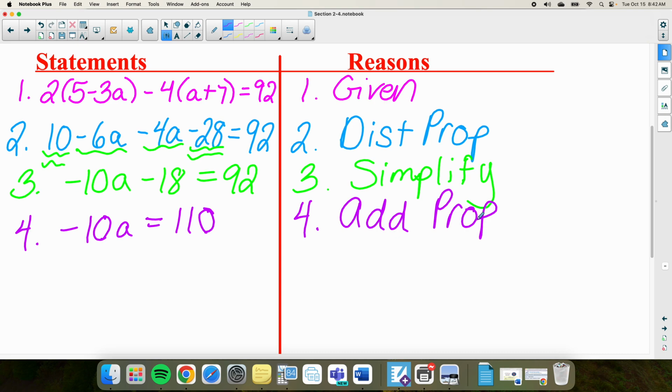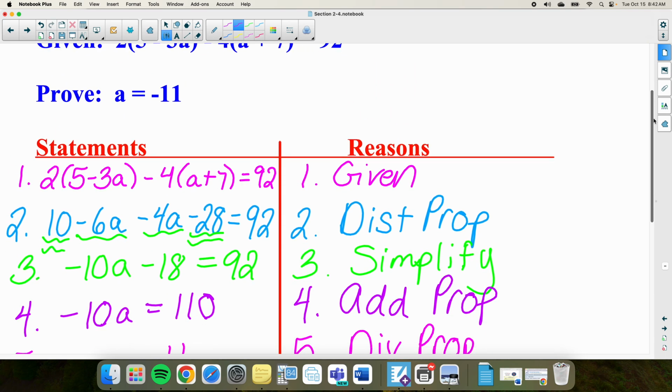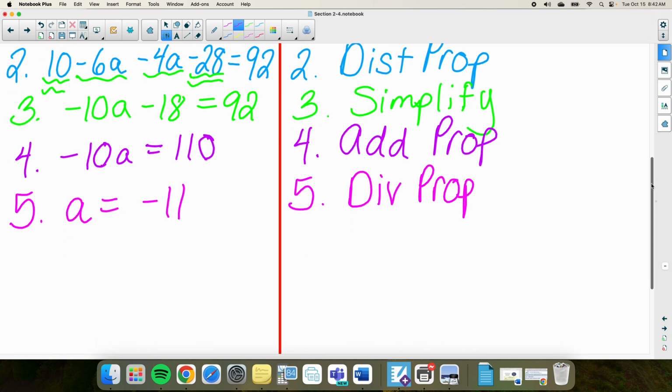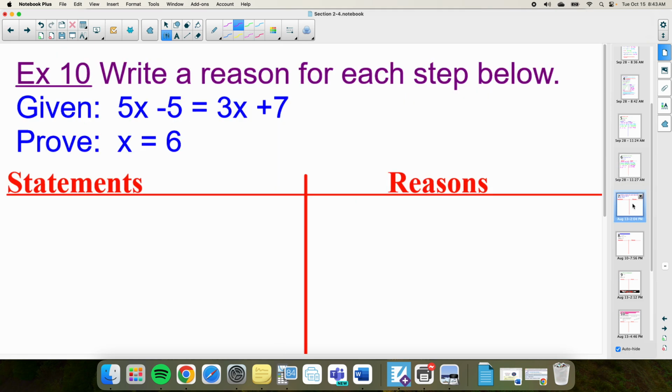We would divide, right? So let's go ahead and do that. And 110 divided by -10 is -11, and that is division prop. Now, is that what we wanted to get? Yes. So always check that just to make sure you haven't done anything wrong.